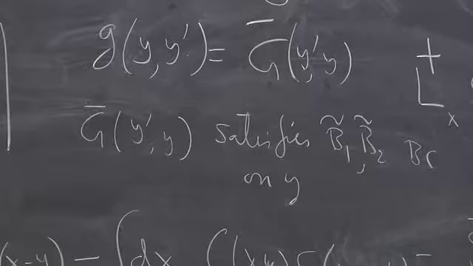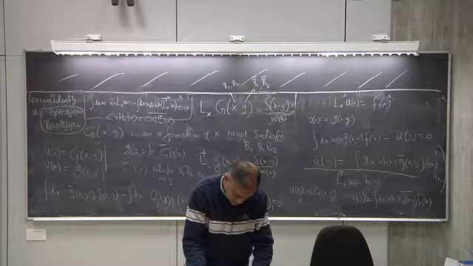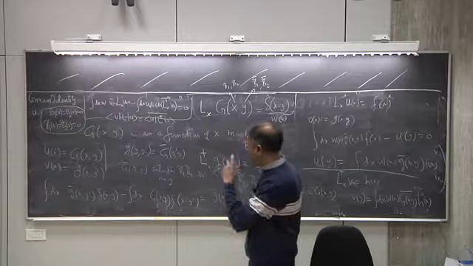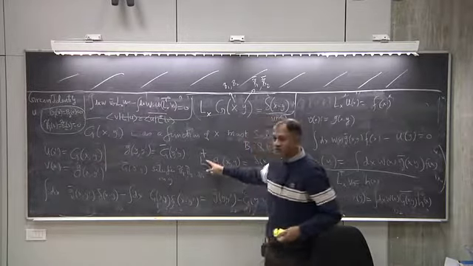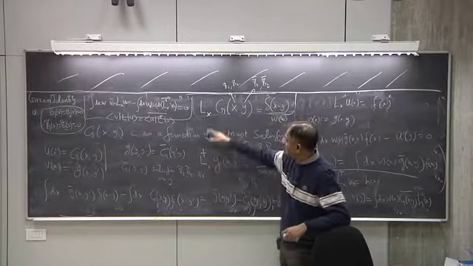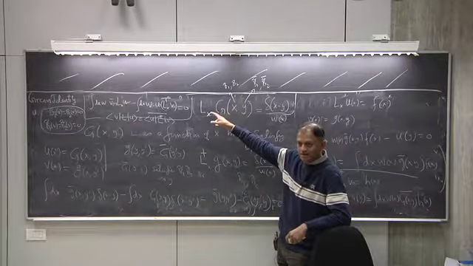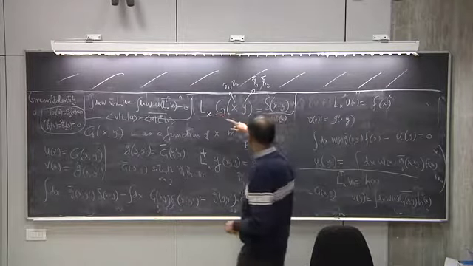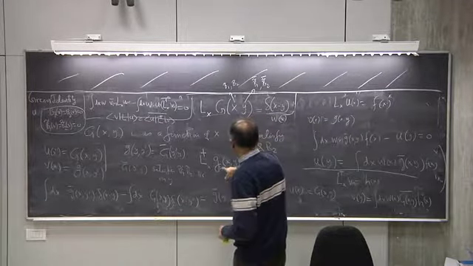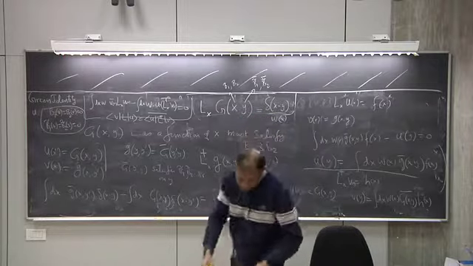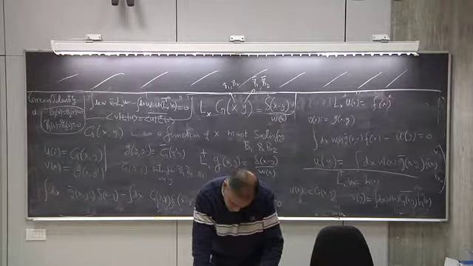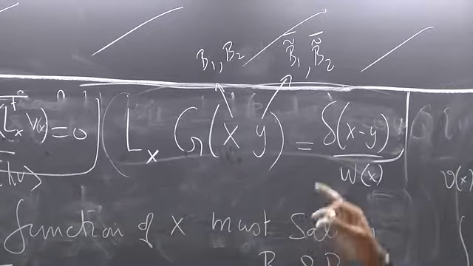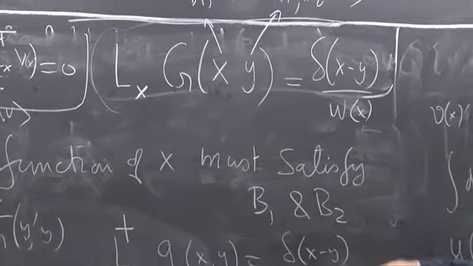There are a few more properties. This was in general, but what happens in the particular case when this is a self-adjoint operator, so L dagger is the same as L? For the self-adjoint case I cannot say much, because the boundary conditions may still be different.